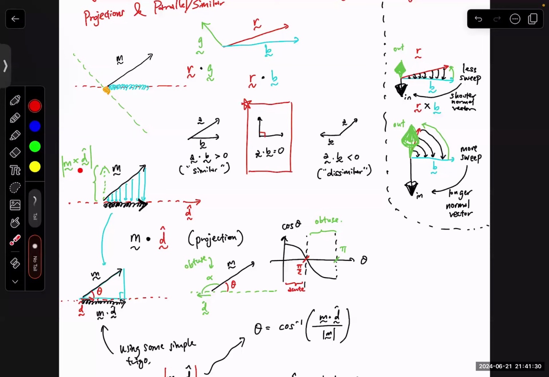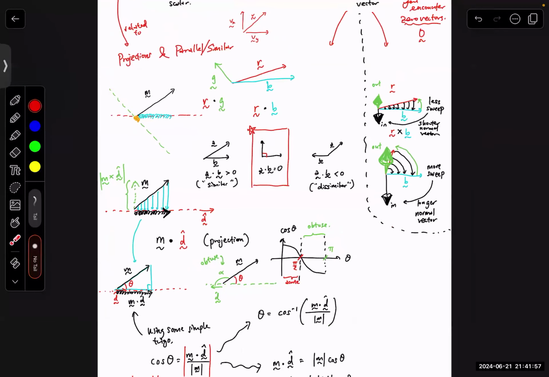The n hat is because you are growing a vector that is normal or perpendicular to both of your red and blue vectors. So it's perpendicular. Either it grows out of the page or into the page. And the length is this ghost here, the soul, the mosquito ghost. So this is the link between your two different types of vector products, dot and cross product.